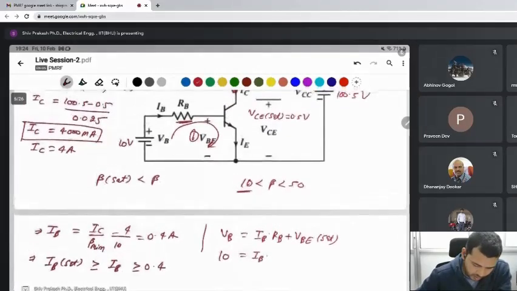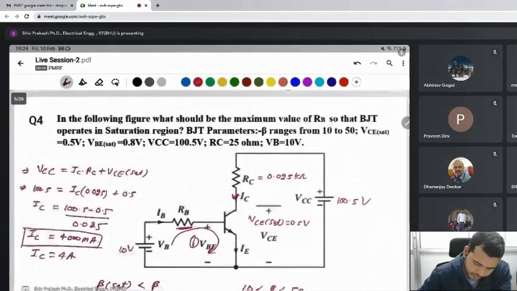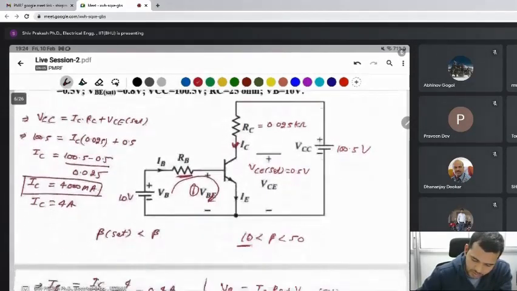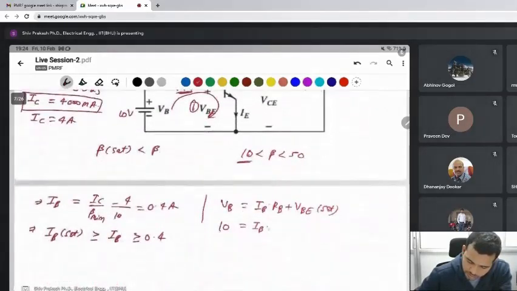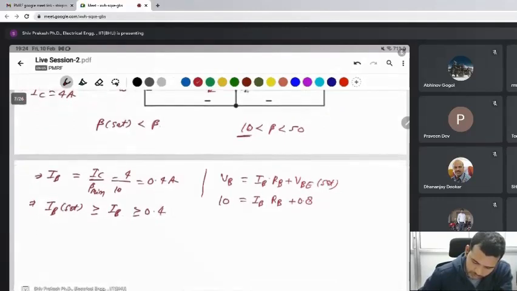RB is what is being asked. Then IB is found from here: 9.2 divided by RB.